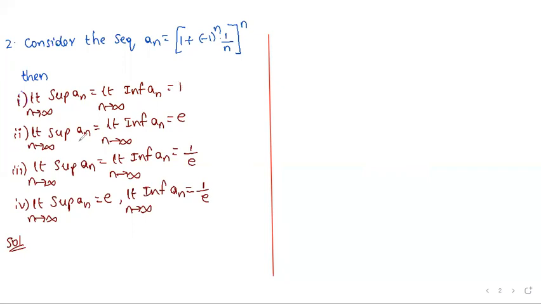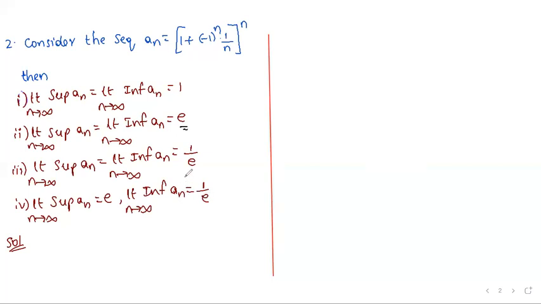The second option, both are equal to e. The third option, limit supremum an is equal to e... no: limit supremum an and limit infimum an are both equal to 1 by e. And the fourth option, limit supremum an is equal to e, limit infimum of an is equal to 1 by e.